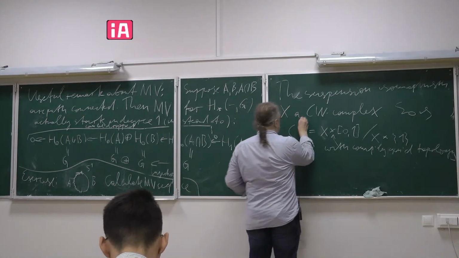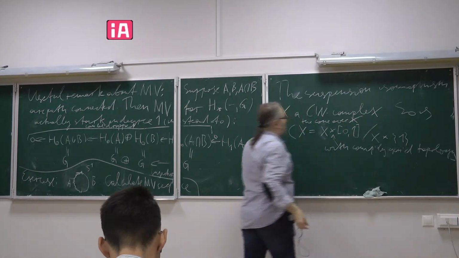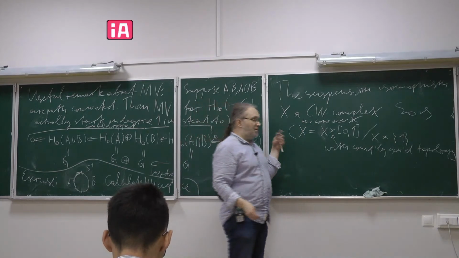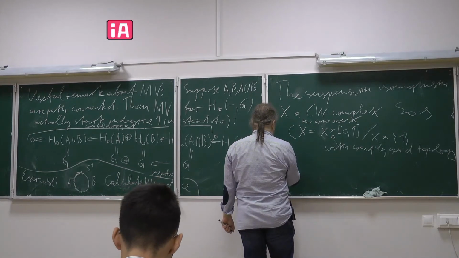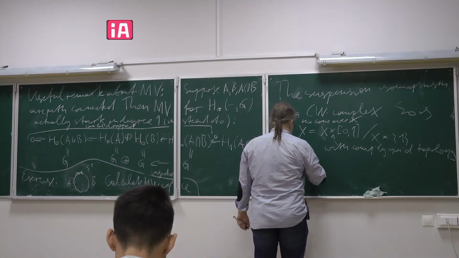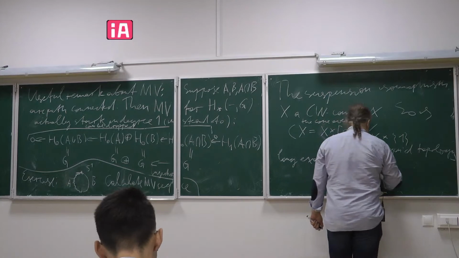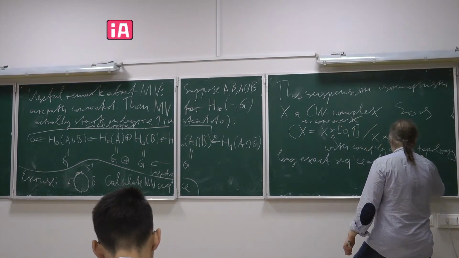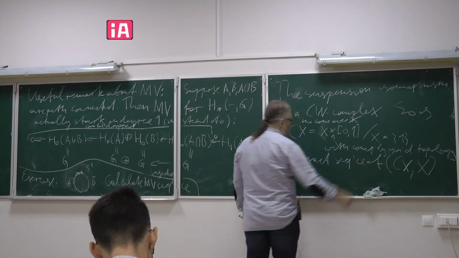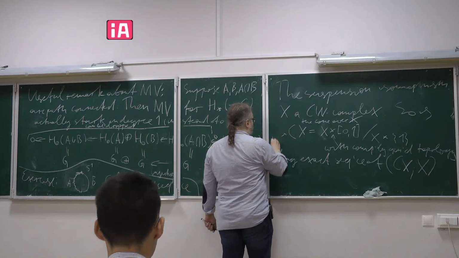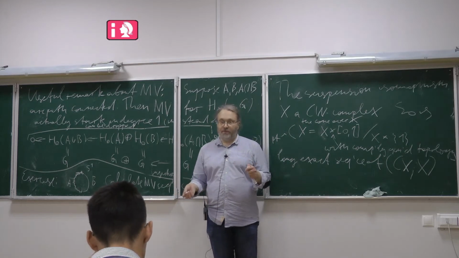Anyway, the cone over X is also a CW complex, and the cone is contractible, meaning the cone is homotopy equivalent to a point.